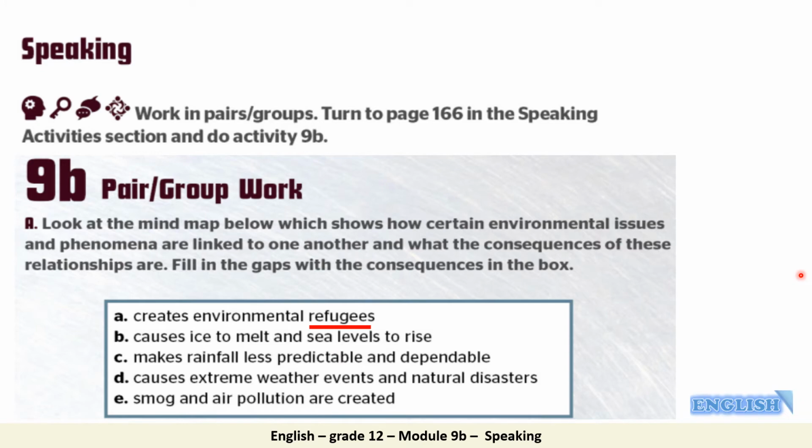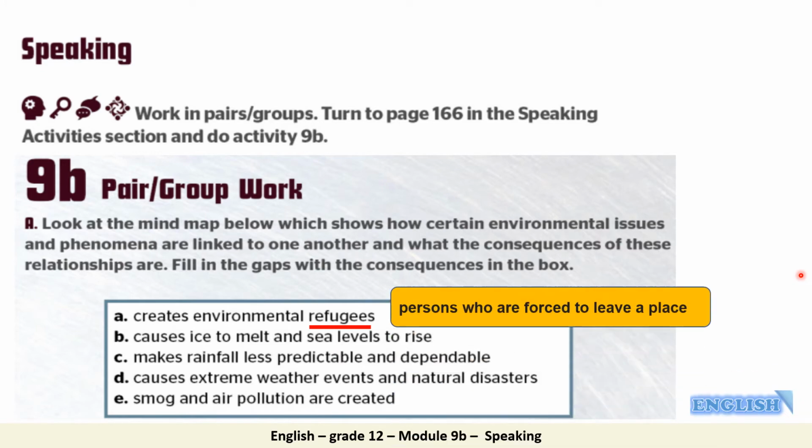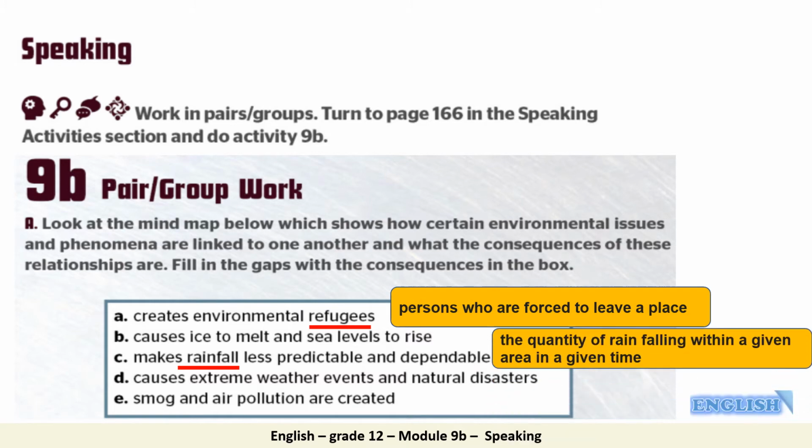What is meant by refugees? These are persons who are forced to leave a place. Rainfall is the quantity of rain falling within a given area in a given time. Natural disasters. Examples of natural disasters are floods, droughts, fires.